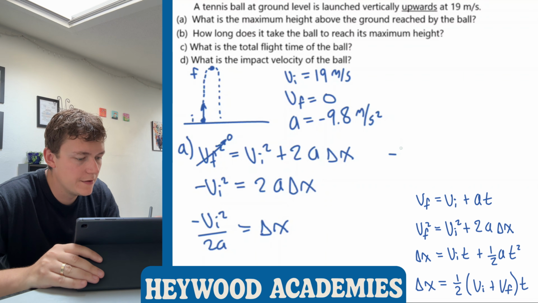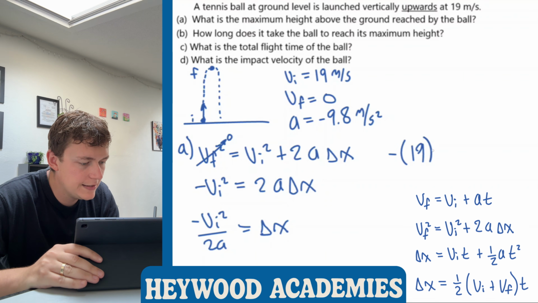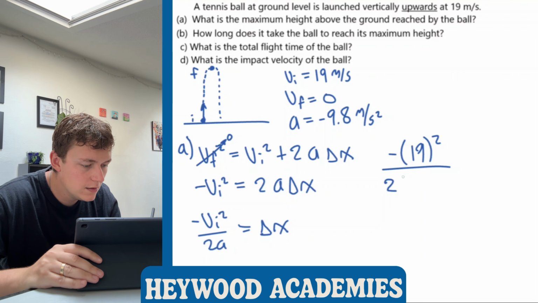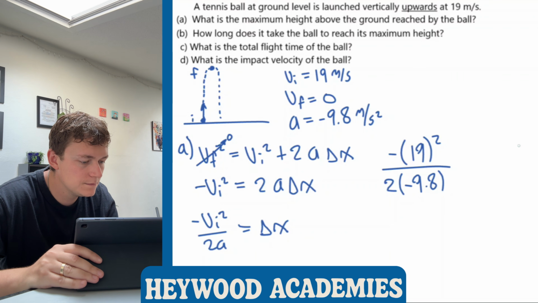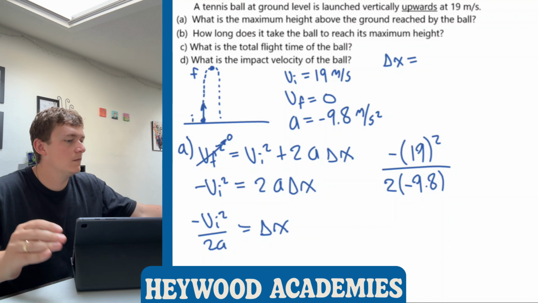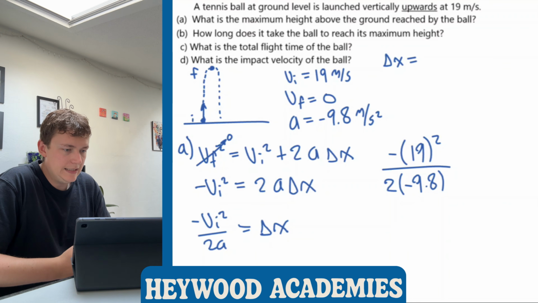Okay, so we can plug in our numbers. Minus 19 squared. Again, I'm going to square that number first and then apply the negative to it. And then 2 times negative 9.8. Alright, so we're going to plug that in and see what we get.